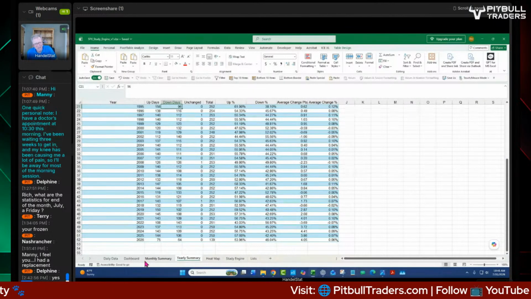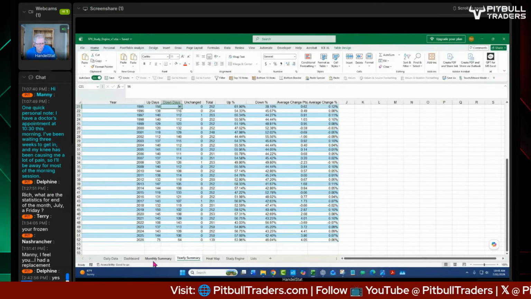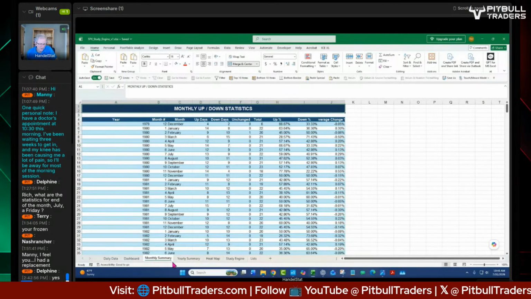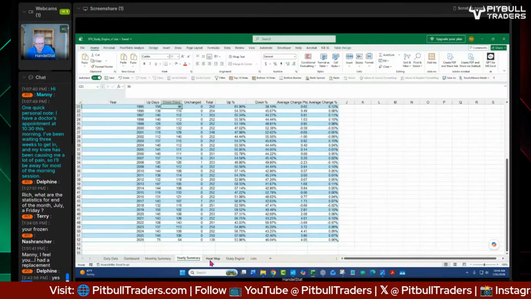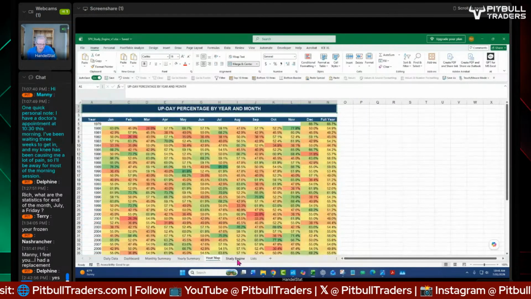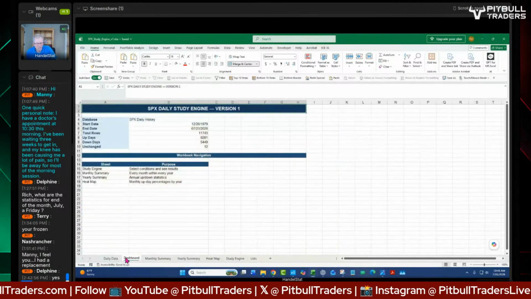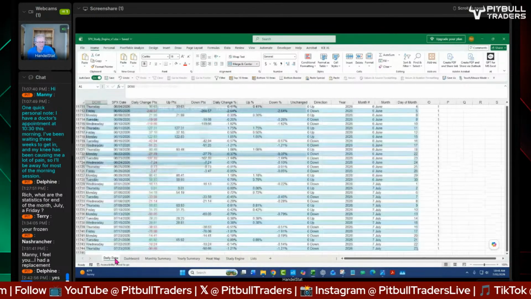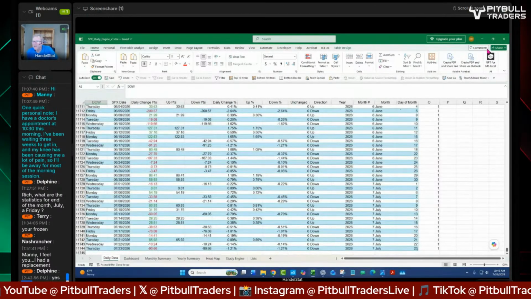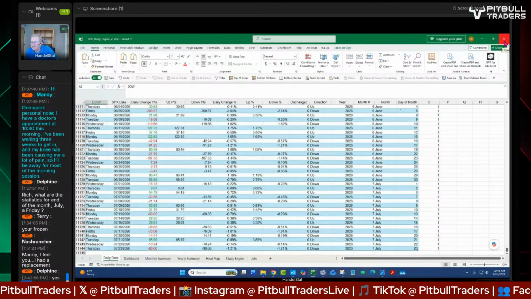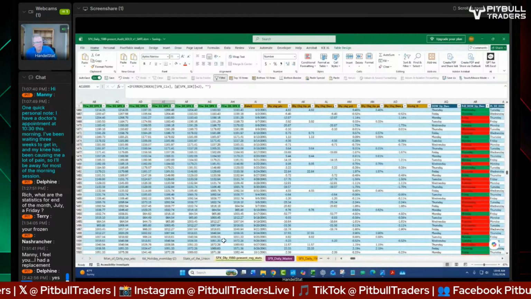This is a big engine that I'm building. I have all the monthly summary data in here, all the yearly data. I have a heat map. And you know, my dashboard, I can show you, got all these daily stats in here. Anyway, this is going to be a great thing when I get it through.